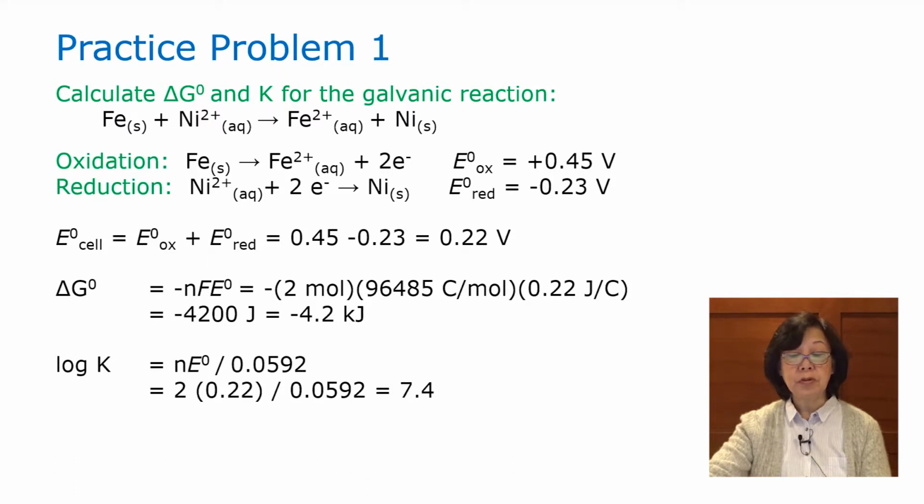So 2 moles of electrons times 0.22 volt over 0.0592 is 7.4. Now the equilibrium constant is 2.5 times 10 to the power 7, which is a very large number, indicating equilibrium lies far to the right and the forward reaction will go spontaneously.